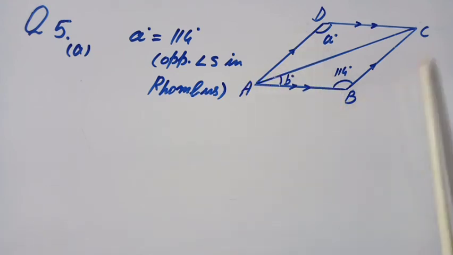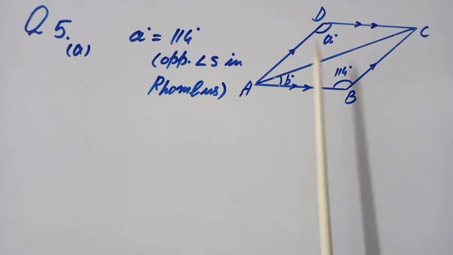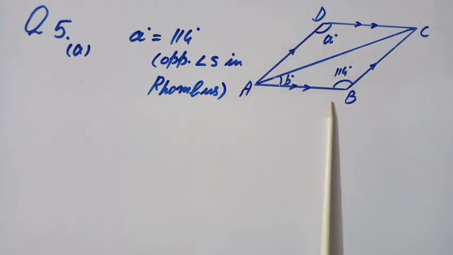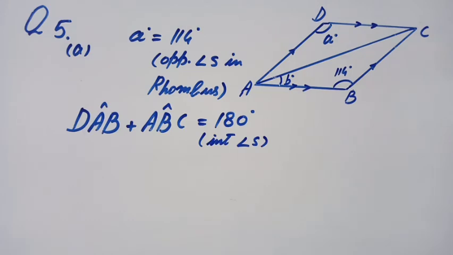AD and BC are parallel to one another. So the angle DAB and the angle ABC are interior angles, right? It is because of interior angles. Now 114 shifted to the other side with change in its sign.